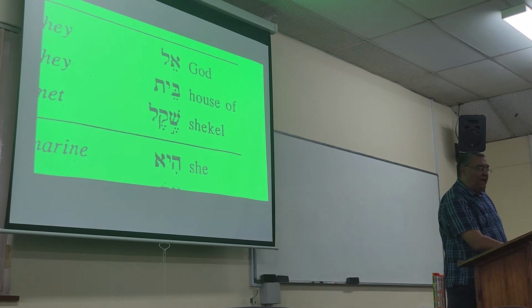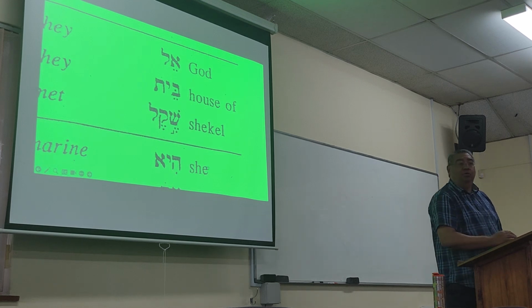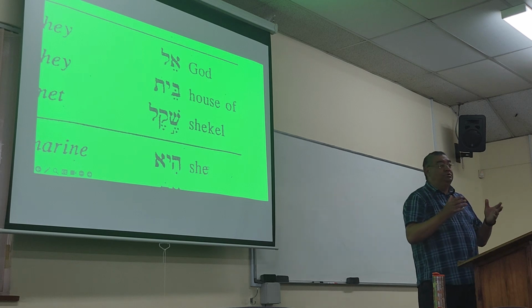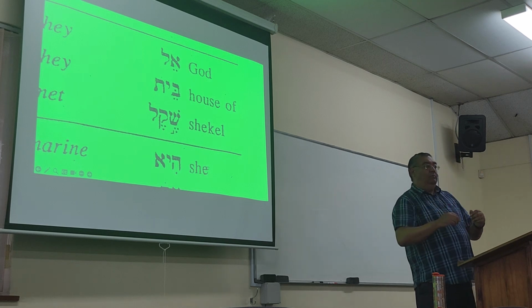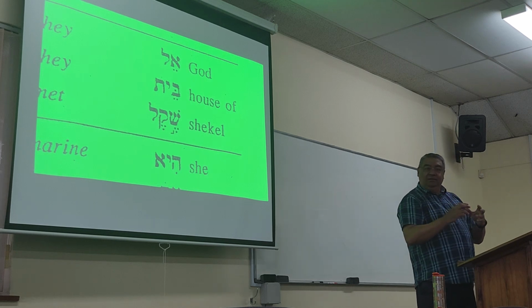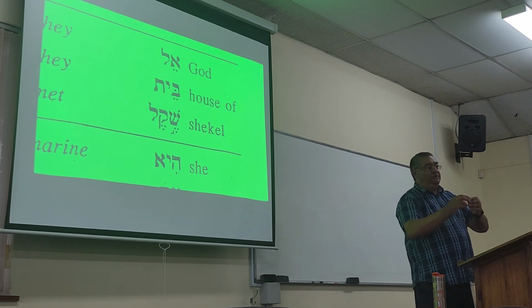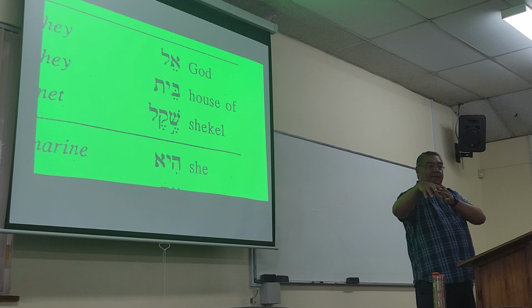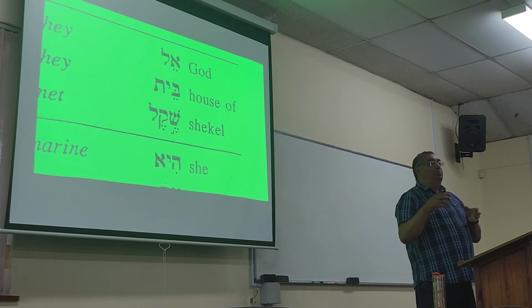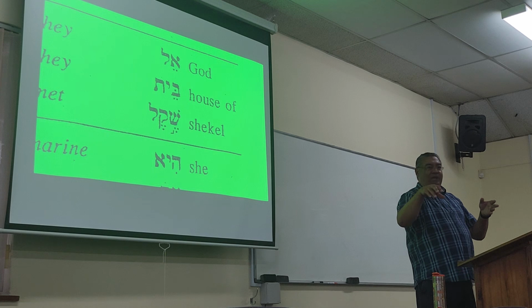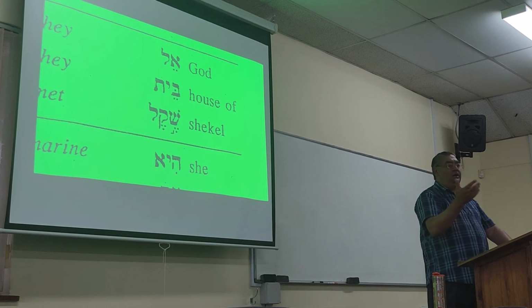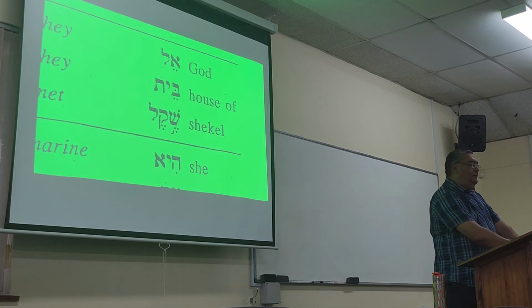And so that is why that accent is there, to show you that this word, which has 2 syllables, shek and kel, is stressed on the first syllable. So the word is not shekel, in other words, you don't put emphasis on the second syllable. You put emphasis on the first syllable. The word is shekel. You get it? Okay? So shekel, we will say. That's a segol. You got that?